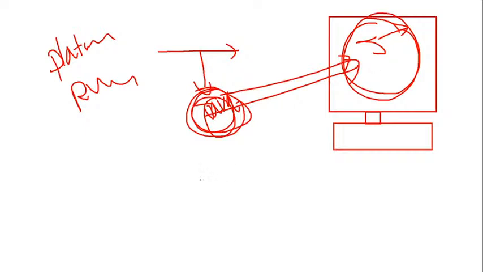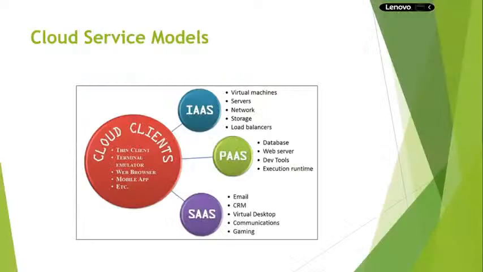Clear? Next is SaaS. In our day-to-day activities in the organization, we are already using software as a service. Could you please tell me the best example for software as a service? Anyone?